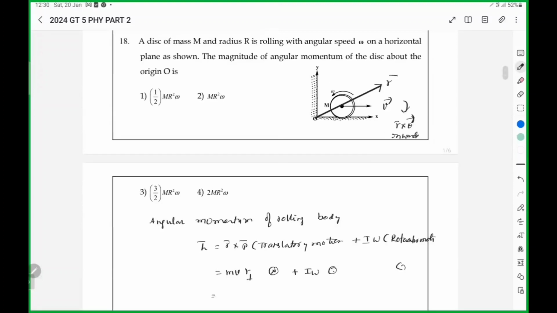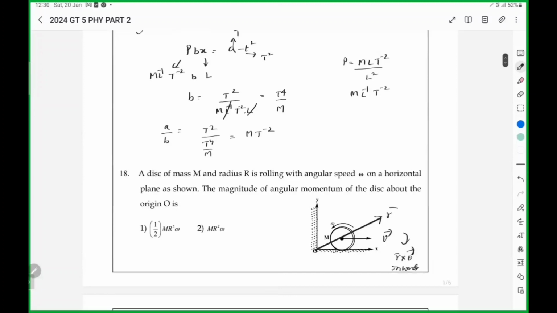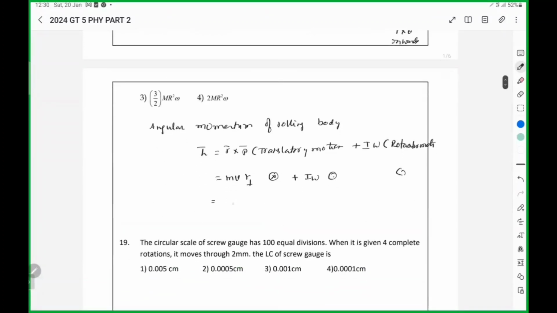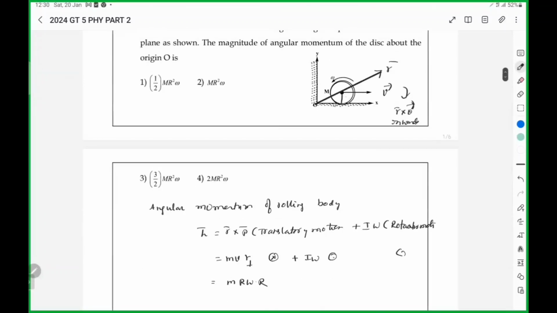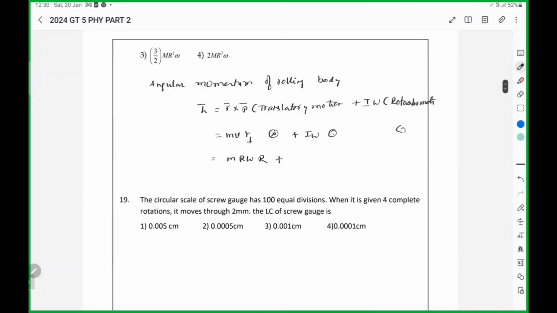So it is pure rolling. V here is R omega. This R I will take as radius of disk. I here is... here you take plus, this as minus.